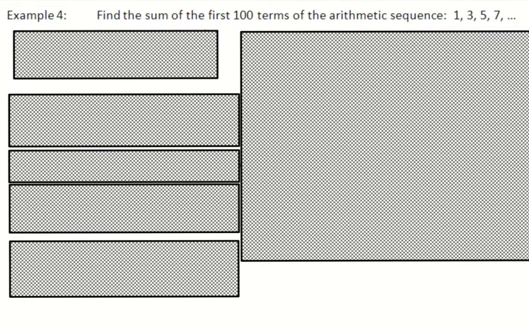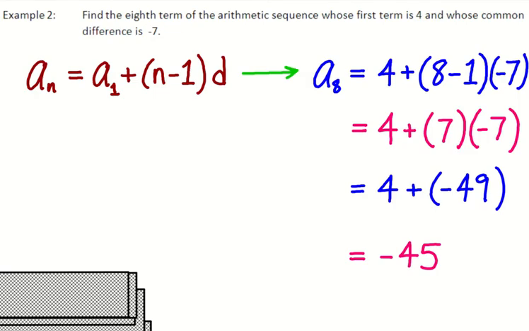Find the sum of the first, now we're talking the first 100 terms. See back here, finding the 8th term would probably have been a much more realistic example. Like I said back then, it's not like we were desperate needing a formula to find the 8th term.